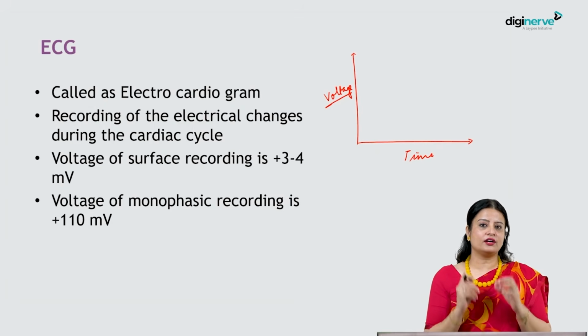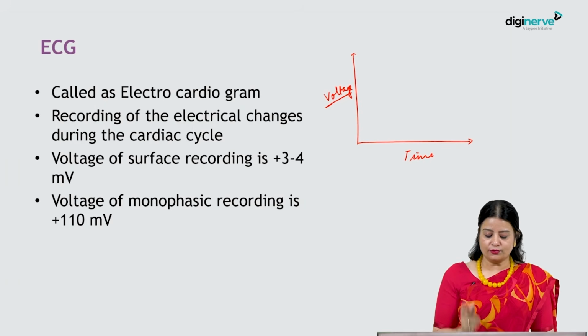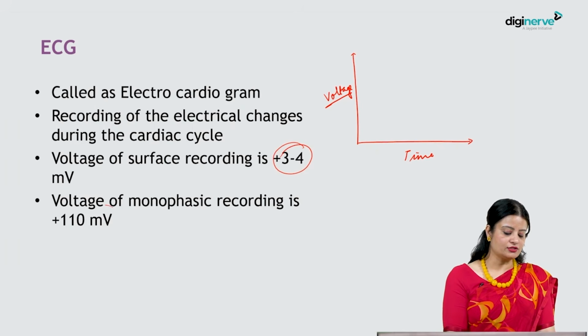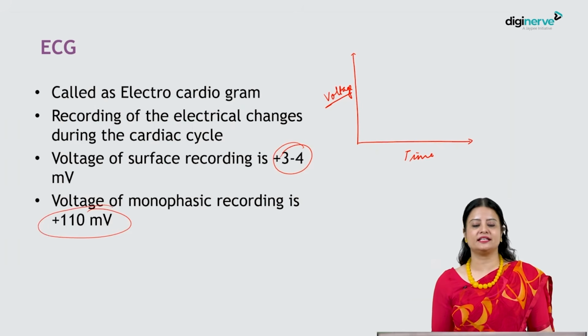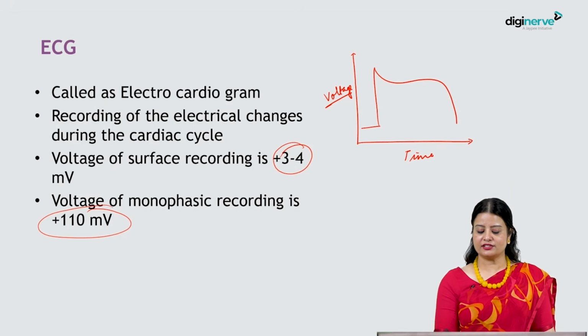Now, if we record the same thing directly from the cardiac muscle, the voltage which we are recording as 3 to 4 millivolts is going to be shown up as 110 millivolts. Do you remember the cardiac action potential, in which this voltage was as high as 110 millivolts?